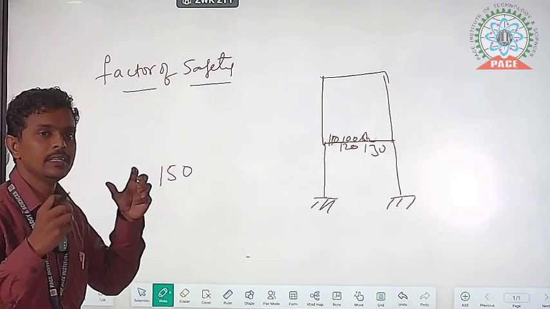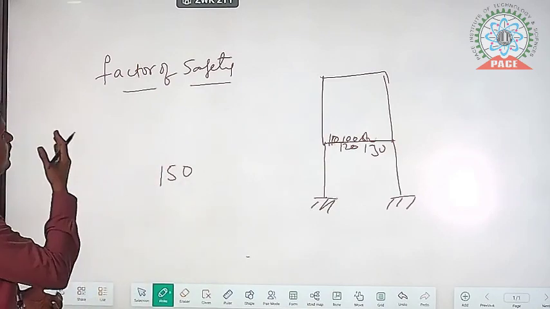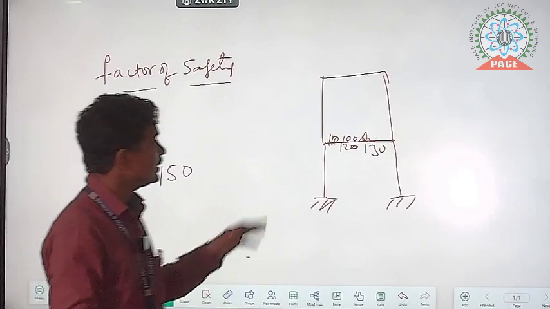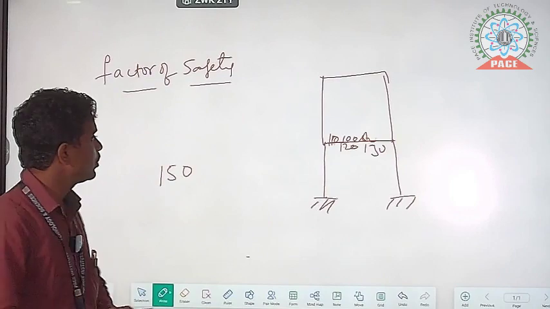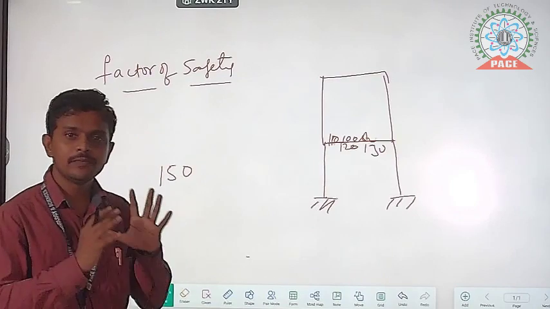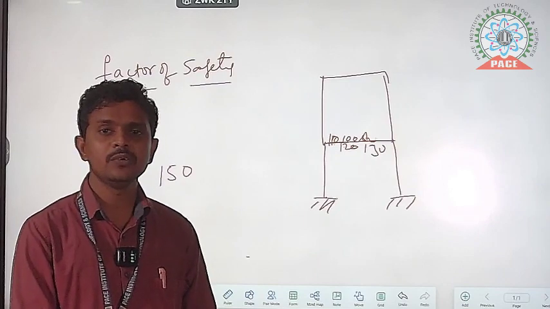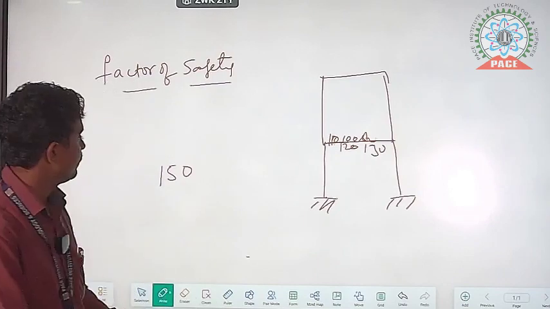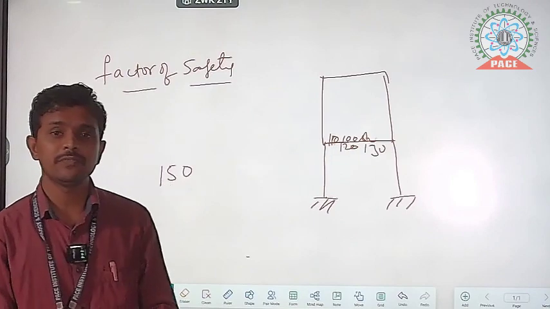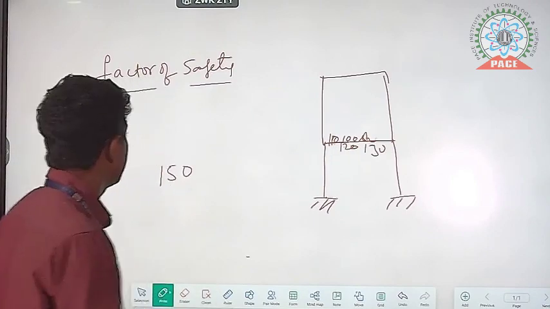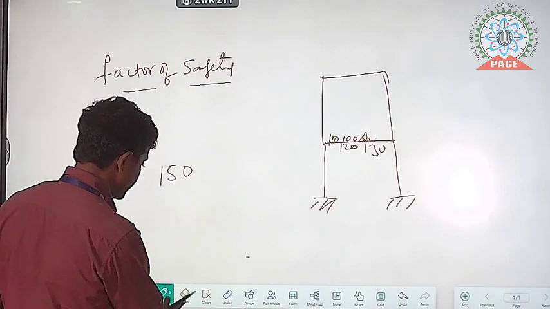This factor of safety definitely we have to consider for any type of structure. Even in concrete structures we have to consider it, and in steel structures also definitely we have to consider the factor of safety. This is about the factor of safety. And next one we need to remember, for this purpose mainly here we have to use the limit state method.